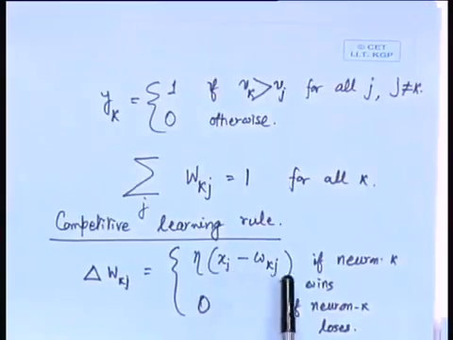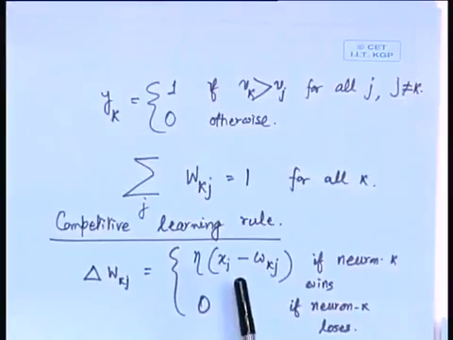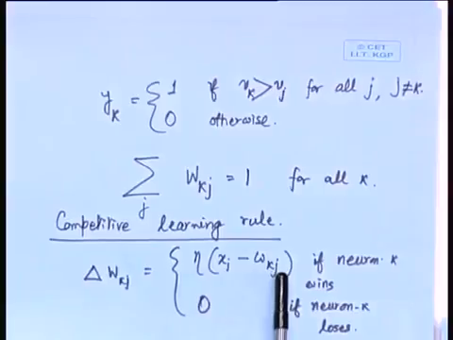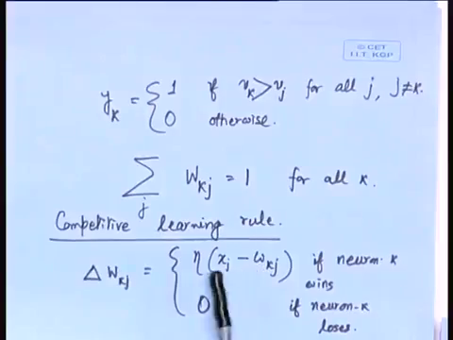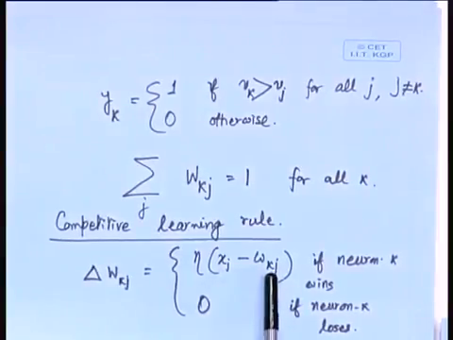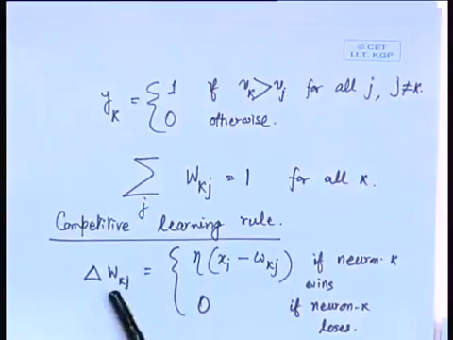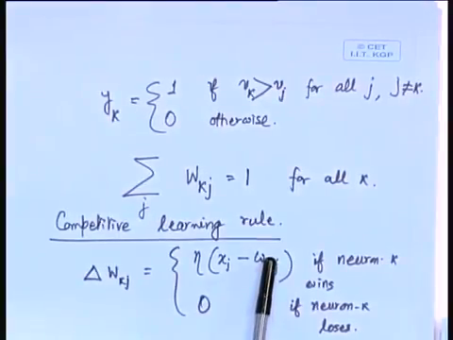Please follow my point. If you have Xj much greater than Wkj, then Xj minus Wkj is going to be a large quantity, delta Wkj is going to be large, and that means you are increasing Wkj.